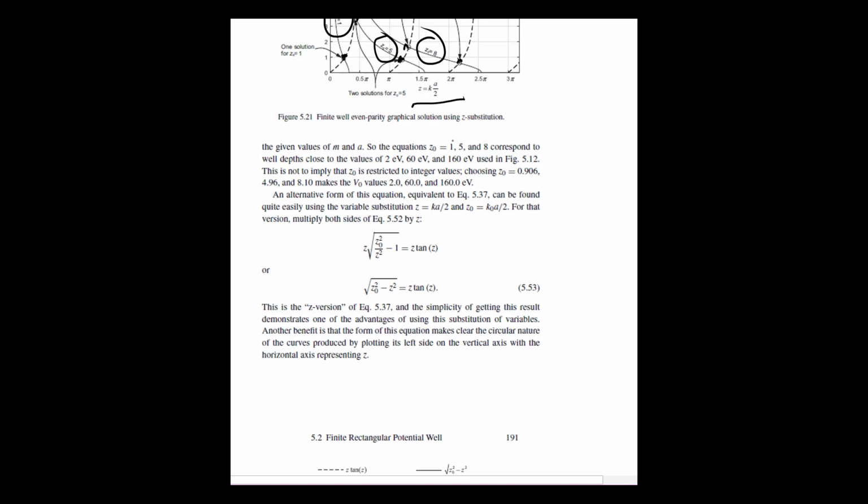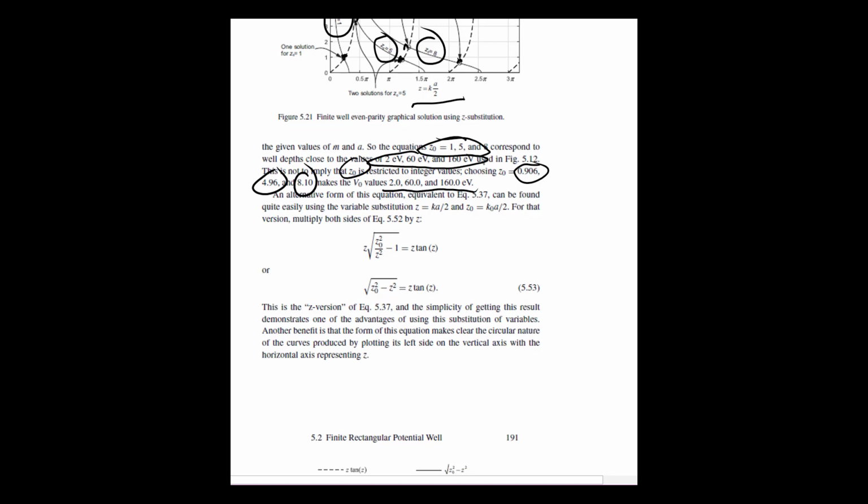In other words, z0 of 1, 5, and 8 come close to the V0 values of 2, 60, and 160 eV that we used before. Don't take from this that z0 is restricted to integer values. Had I used these precise values, I would have gotten exactly 2, 60, and 160 eV for V0.